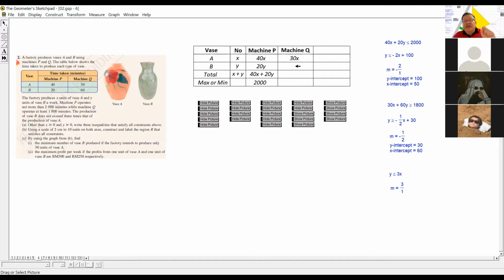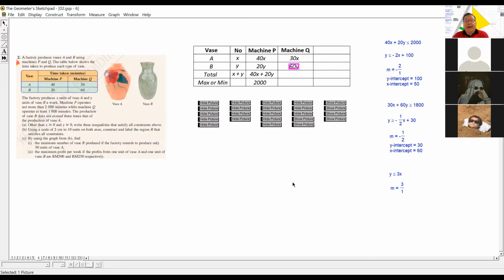The same machine Q can be used to produce vase B. One vase B, they use how many minutes? 60 minutes to produce, right? But we are not going to produce only one. We are going to produce y. So the total time taken to produce vase B is 60 times y.